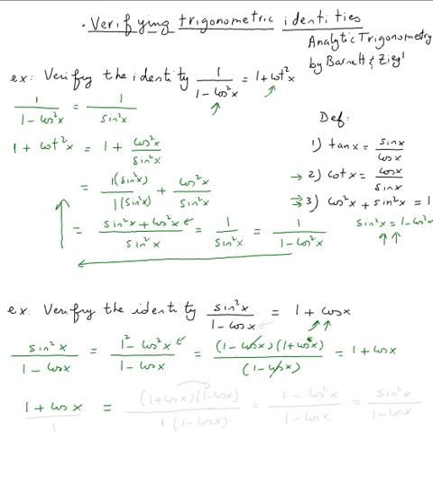Now to go backwards, you have 1 plus cosine x. The thing is, if you want to go backwards, you look at the left side and you see that the denominator has 1 minus cosine. So what you say to yourself, well, this is like 1 plus cosine over 1. Let me rewrite it, 1 plus cosine over 1. So you're like, I need 1 minus cosine to show up in the denominator.